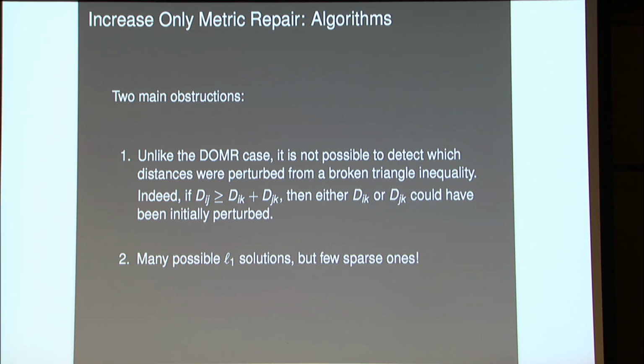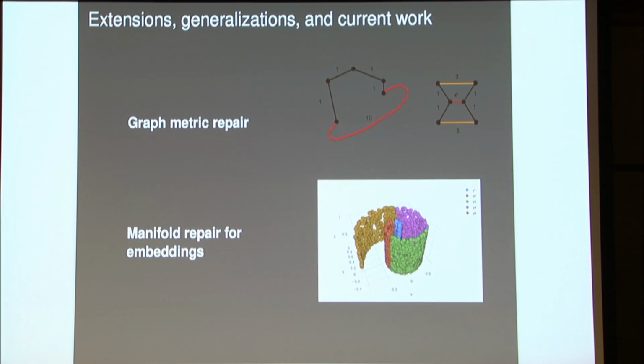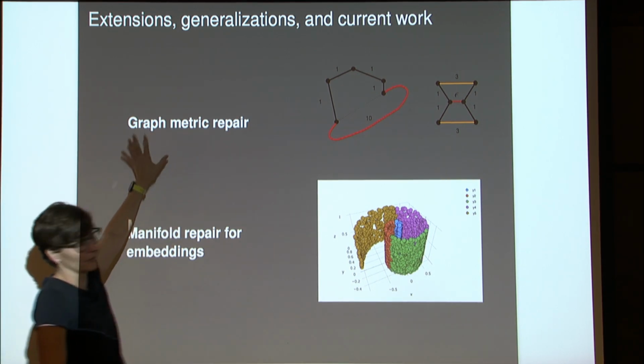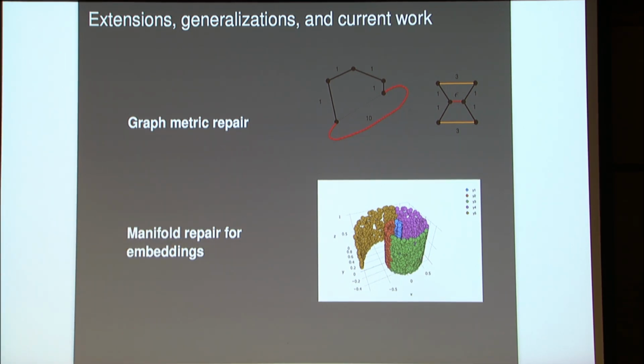So for the sake of time, I'm just going to say we have extended this metric repair problem to more general graph metric repair. So instead of constructing the complete graph on n data points with the weights being the distances, suppose that the graph is not K_n, but is some input graph, and it's capturing the relationships amongst different data points.